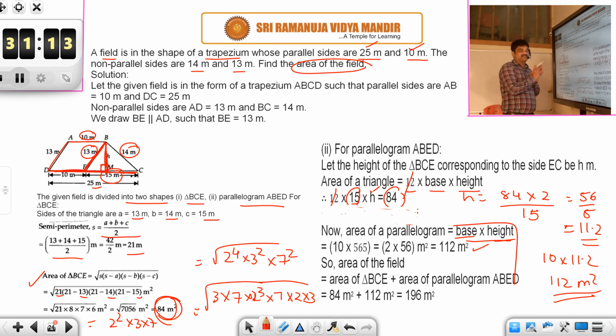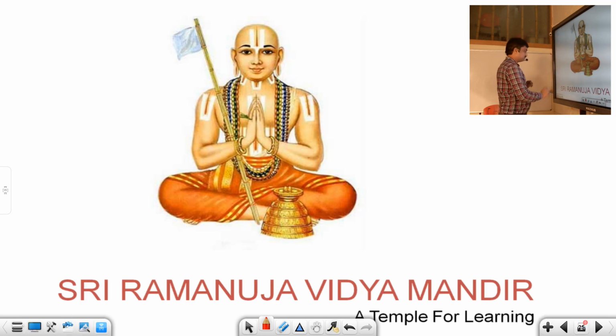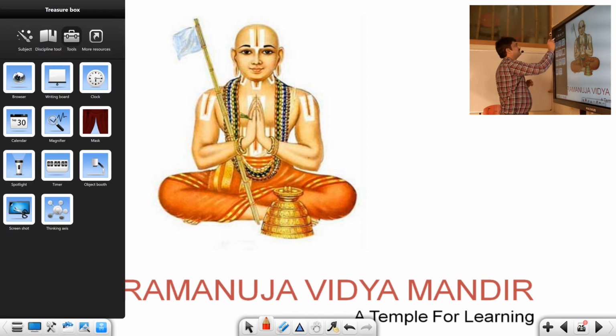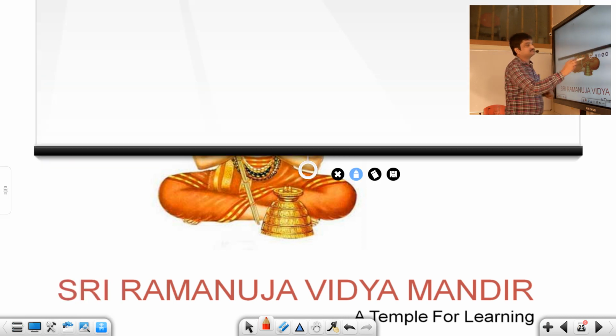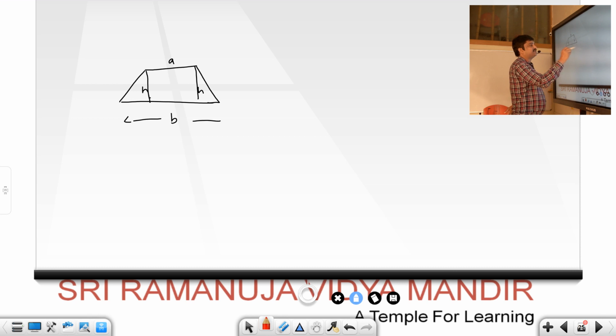See, why are we using all these methods? Because, see guys, when you are given a trapezium with side lengths A, B and H, the area of the trapezium is given by half H into A plus B. But here it is not the case.